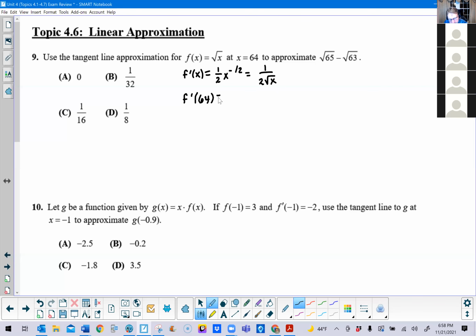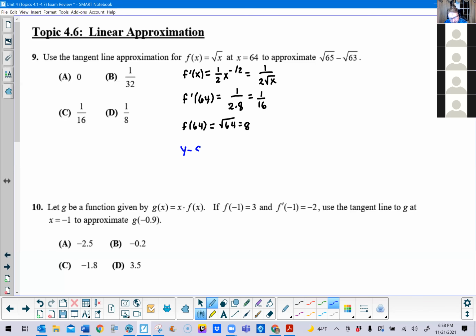So in this case, if that x were going to be 64, we would get 1 over 2 times the square root of 64, or 8, and then that's going to be 1/16. So boom, there's your slope, but you can't write a tangent line until you have your point, and we only have half of that point right now, and the other half is going to be 8, which is the square root of 64. And so now we dive right into our point slope formula.